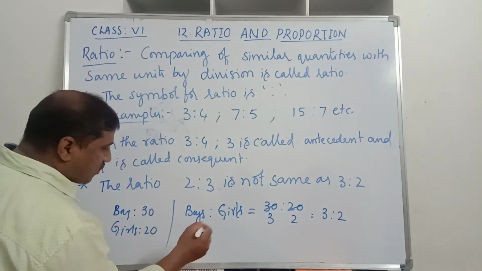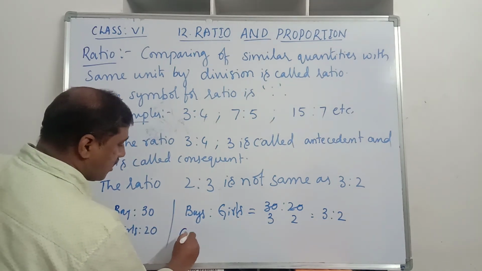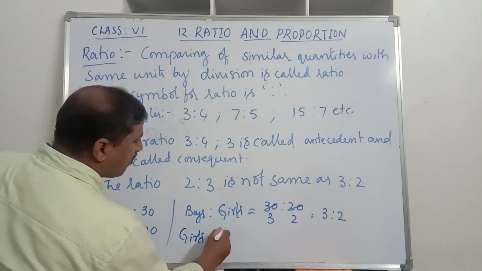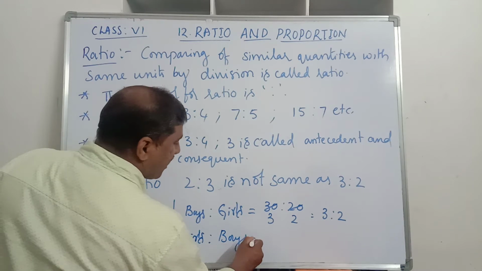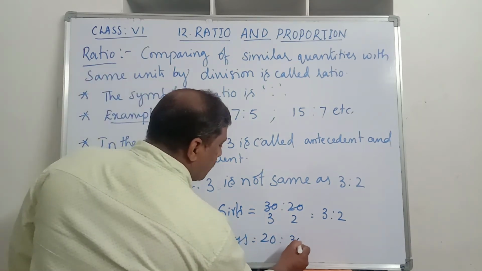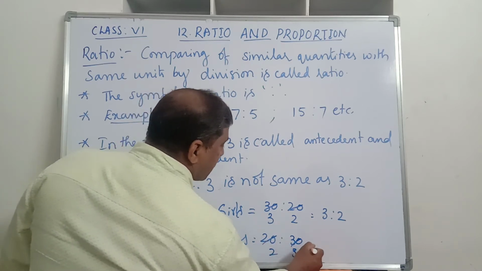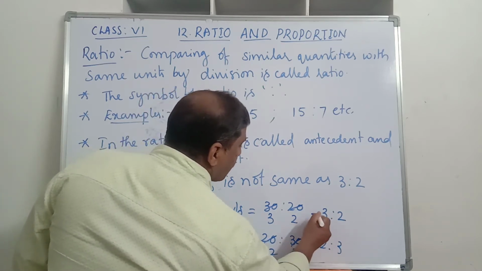Similarly, if I ask you to find the ratio of girls to boys, then girls are 20 and boys are 30. So 10 2s are 20, 10 3s are 30. That is 2:3.